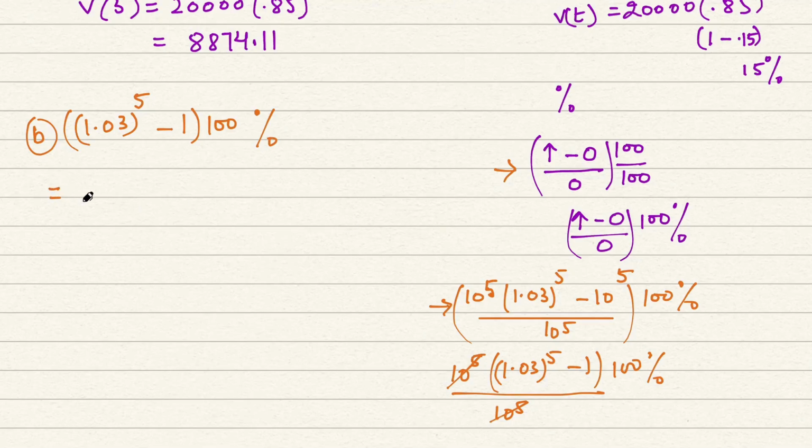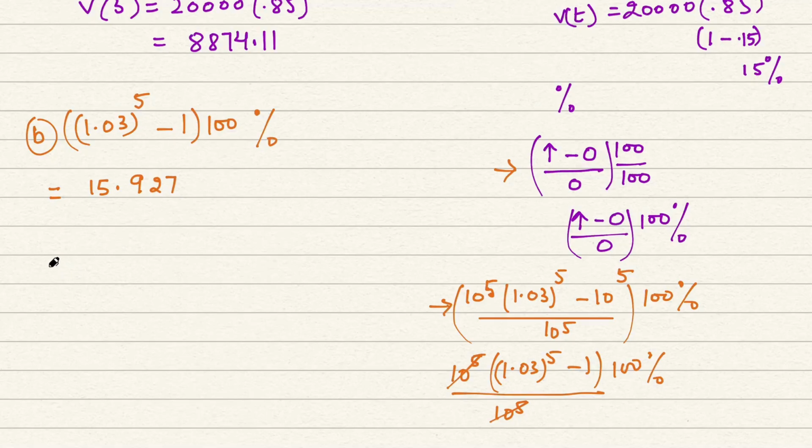Okay, again, calculator. So this is 15.927. So that is the percentage increase in population after 5 years. This much population is increased.